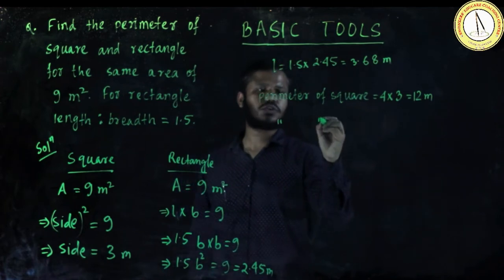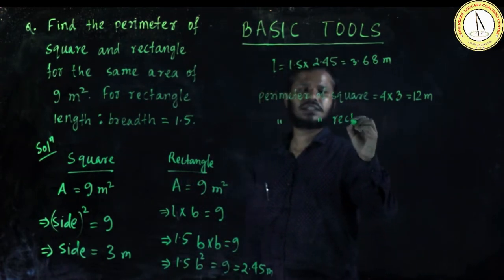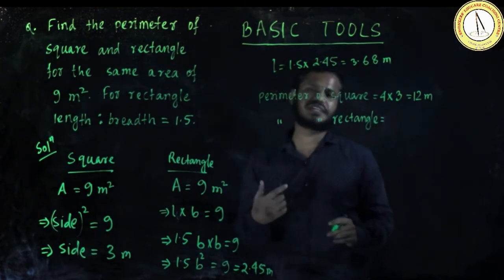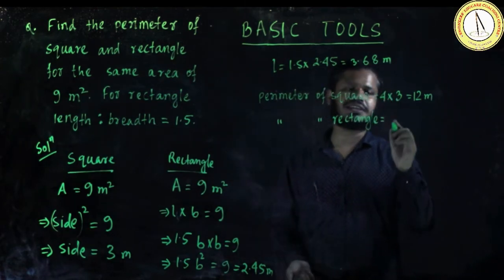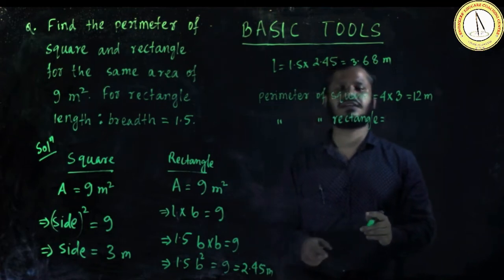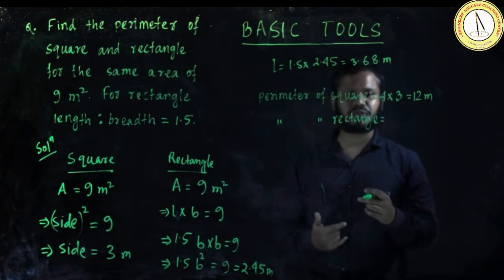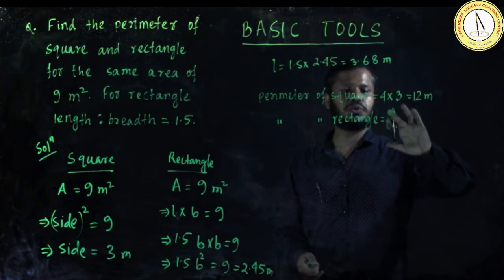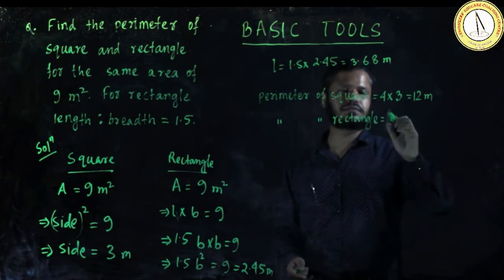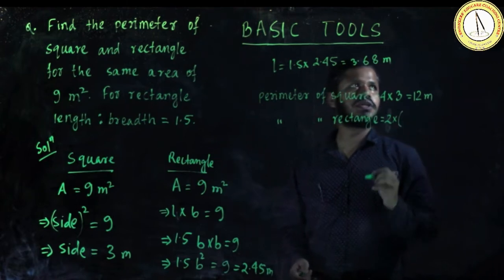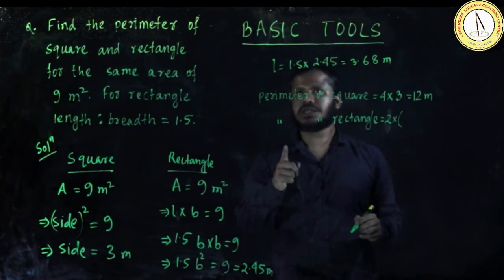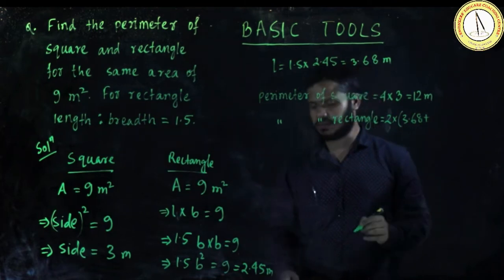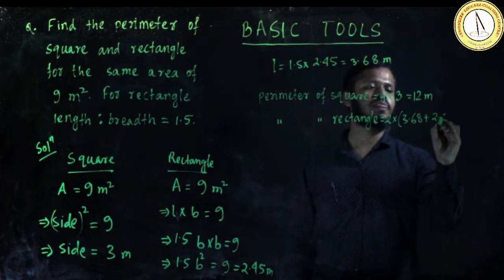Similarly, perimeter of rectangle. So perimeter of rectangle also we know it is 2 into (L plus B). Perimeter means length of the boundary. So here it will be 2 into (L is how much? 3.68 plus B is 2.45).